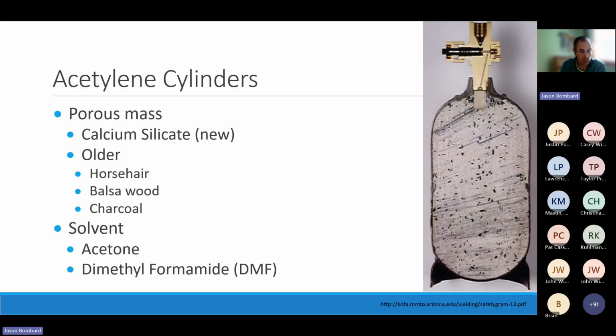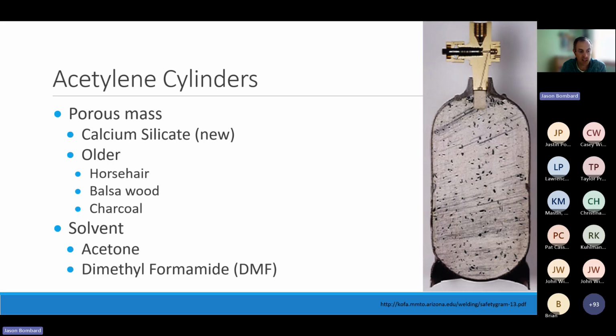These cylinders were developed back in the 1920s. Older masses that were used were horsehair. You'll find some with balsa wood in them, or charcoal, or there were any number of things that people made these cylinders out of. And then inside the porous mass is dissolved a solvent.